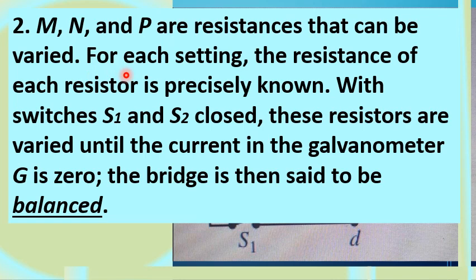So, for each setting, the resistance of each resistor is precisely known. And with switches S1 and S2 closed, these resistors are varied until the current in the galvanometer is zero. The bridge is then said to be balanced.